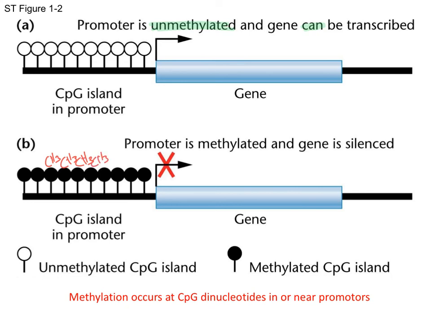That means a transcription factor is going to try to bind, but it can't. If a transcription factor can't bind, you can't transcribe it no matter what else is going on. There can be transcription factors, chromatin can be open, there's no inhibitors around, and because it's methylated, we're not going to express it.